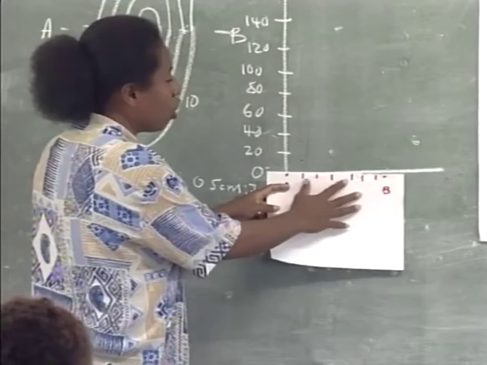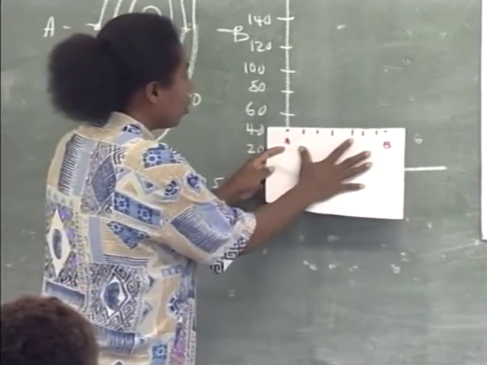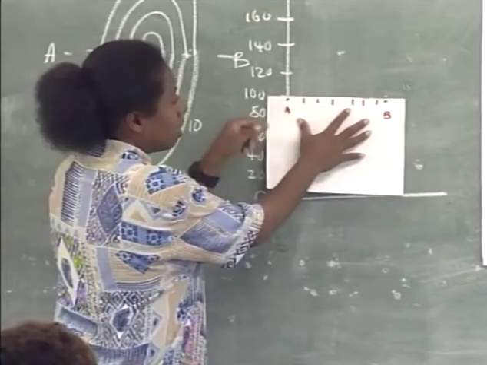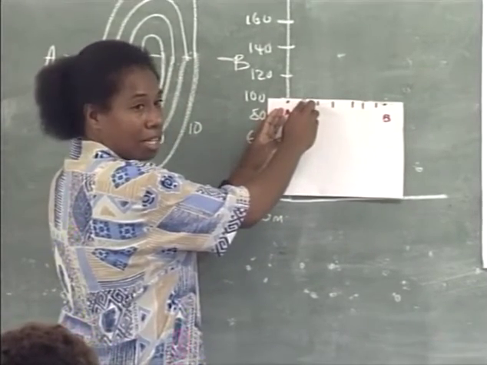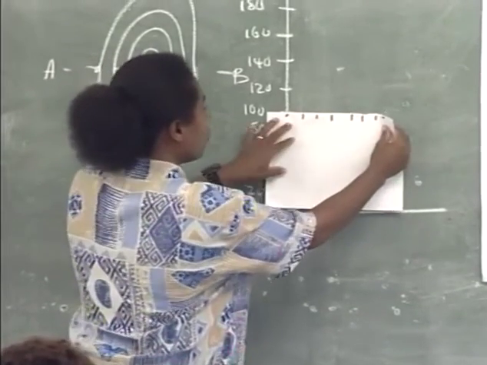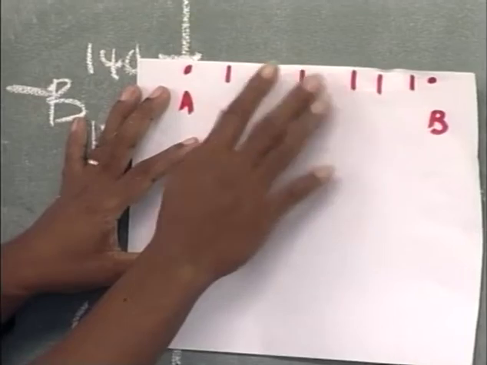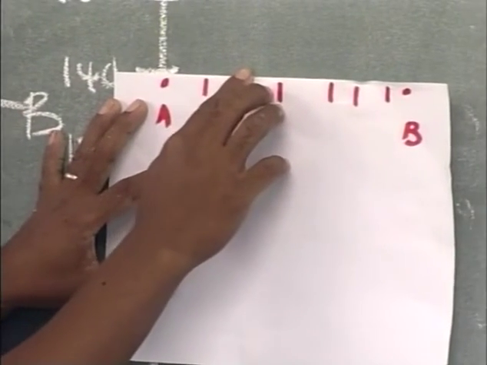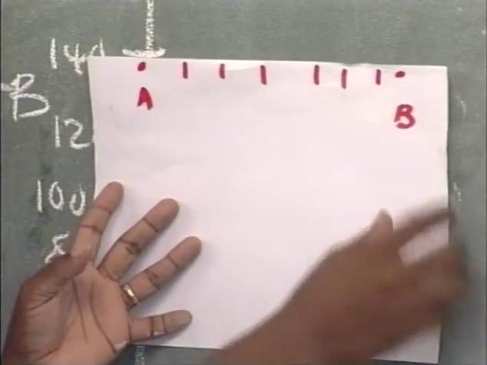And we are simply going to move the paper to whatever height for the first stroke, and you put a dot to indicate. Then you check the second height. You move your paper still along the vertical axis to that height, and then you put the next dot, and the next, until you come to point B.